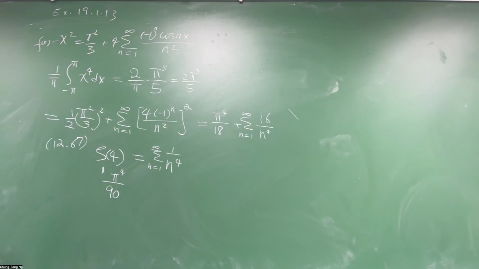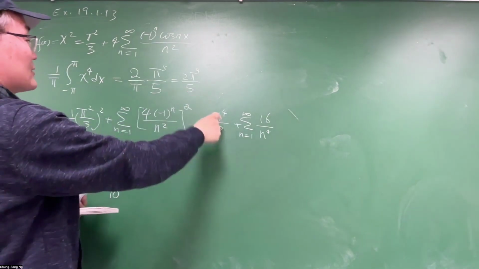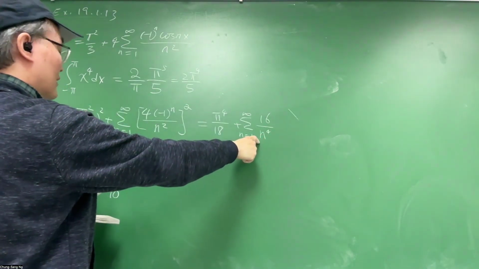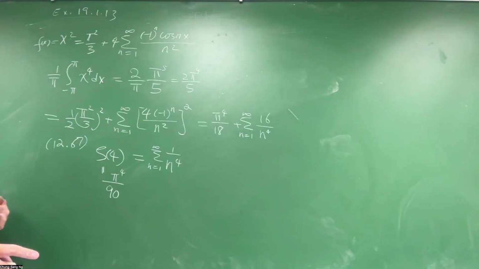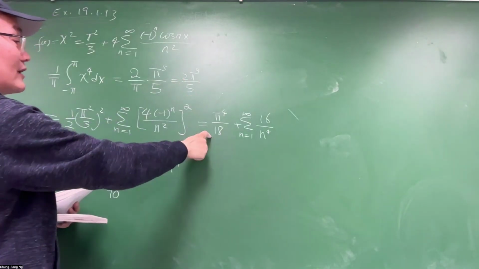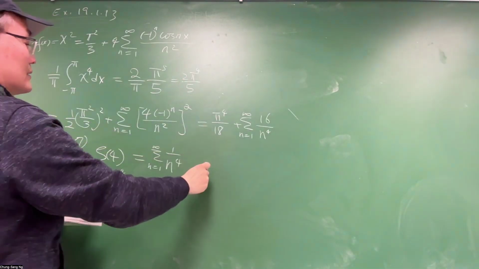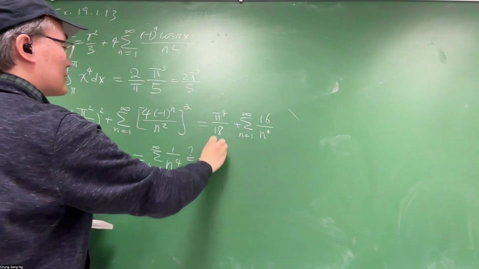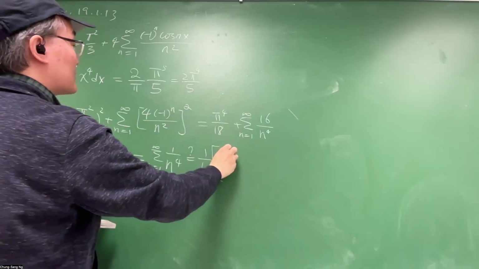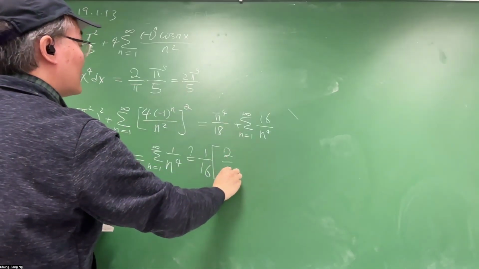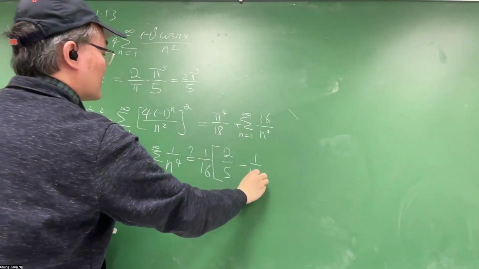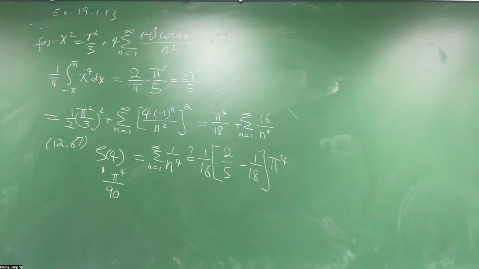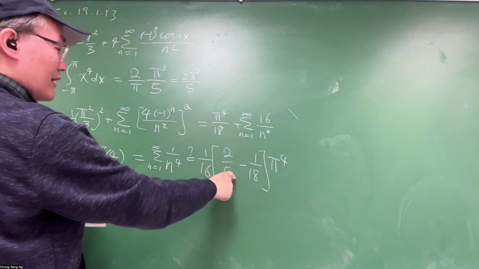Let's see if we got it correctly. If this equals this one, then the sum over 1 over n to the 4th power is this minus that divided by 16. Let's see if this is correct. This is 2/5 minus 1/18, divided by 5. Now I check that.